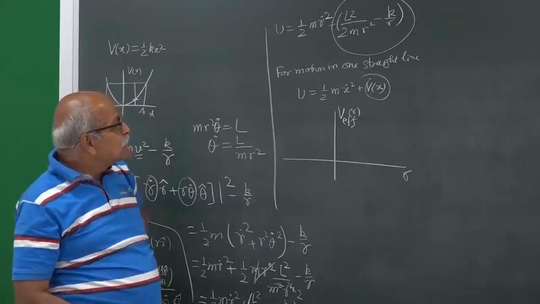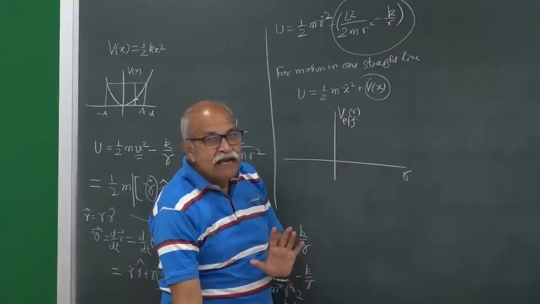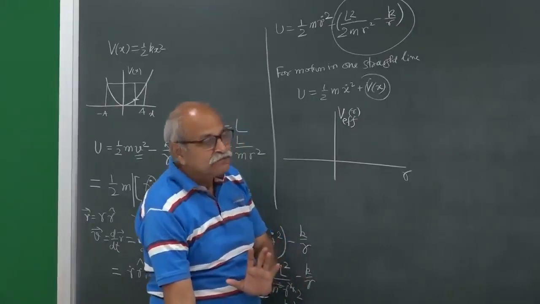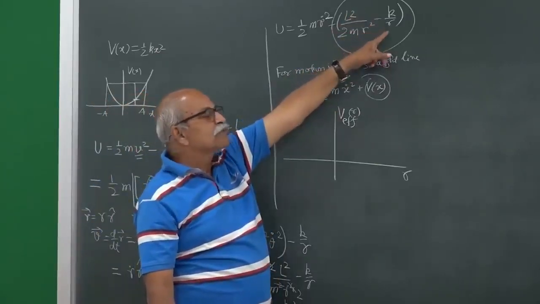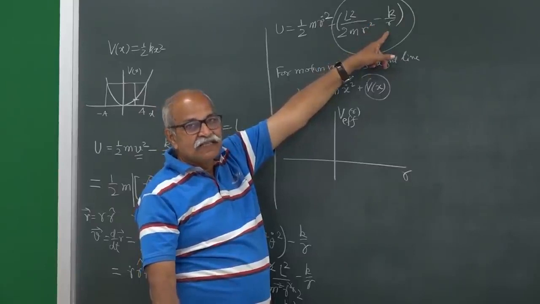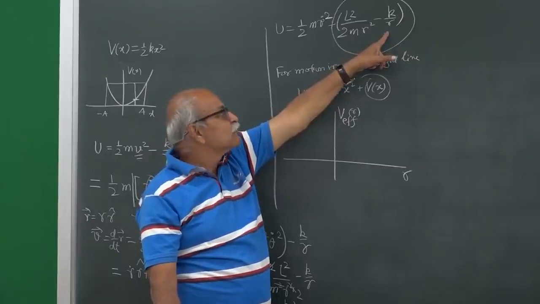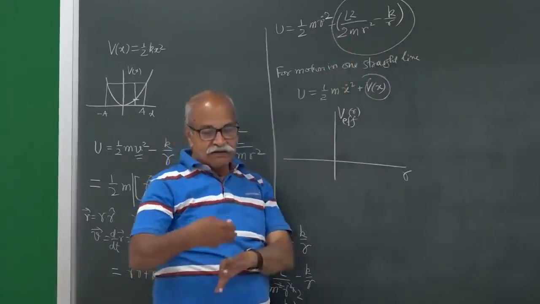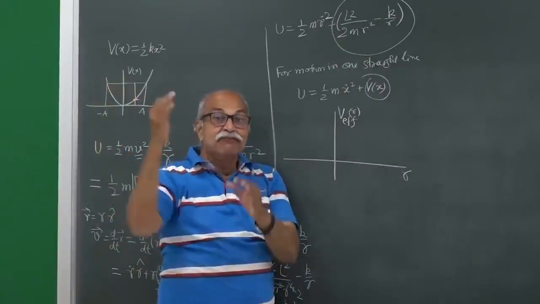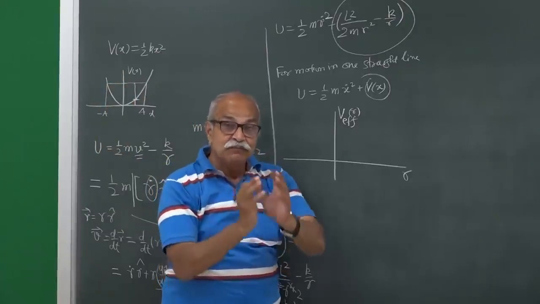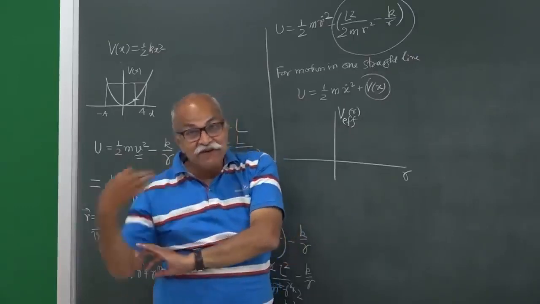The actual plot will depend on the actual values of L, m and k, but we can still get information about the shape. There are two terms here: one proportional to 1 by r square, another proportional to 1 by r. If r is very small, much smaller than 1, 1 by r tends towards infinity, becomes very large, and 1 by r into 1 by r will again be very large.